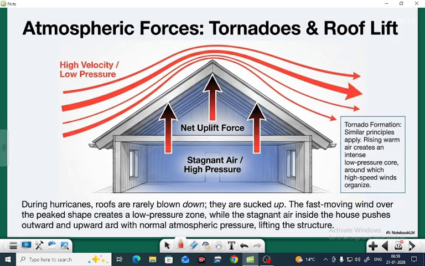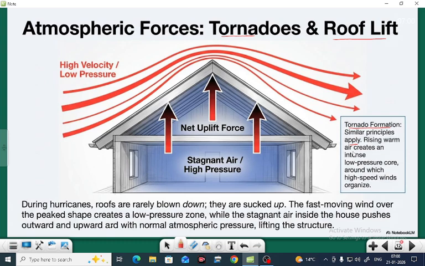Atmospheric forces, tornadoes and roof lift. You see, stagnant air, high pressure. Net upward force, you see high velocity, that means it creates a low pressure zone at this position. Tornado formation, similar principles apply.